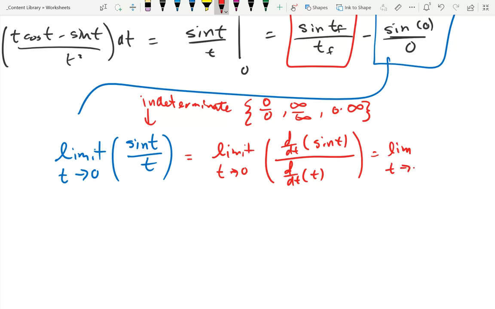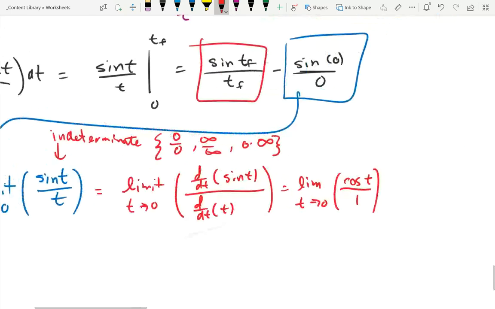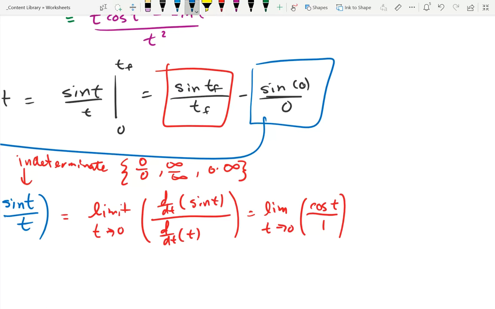So it's just the limit as t approaches 0 of cosine t. And what is that approaching? 1. The answer. And so the final answer is sine of t over t, which is 1.